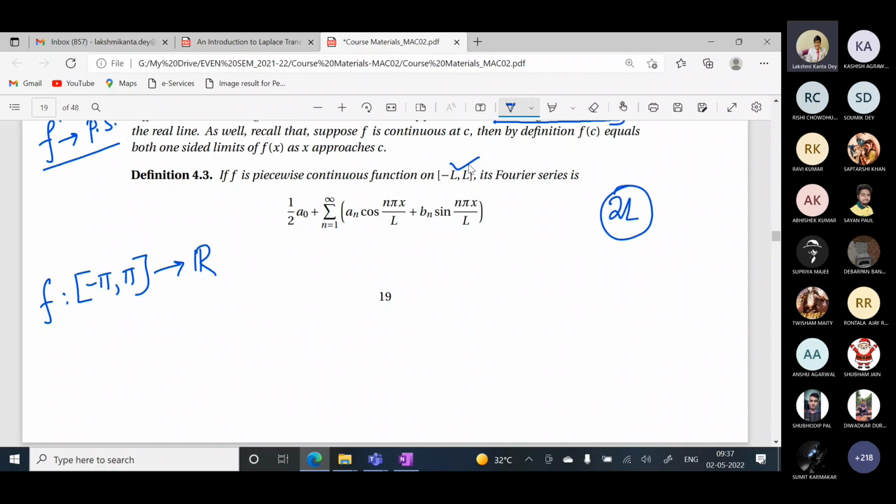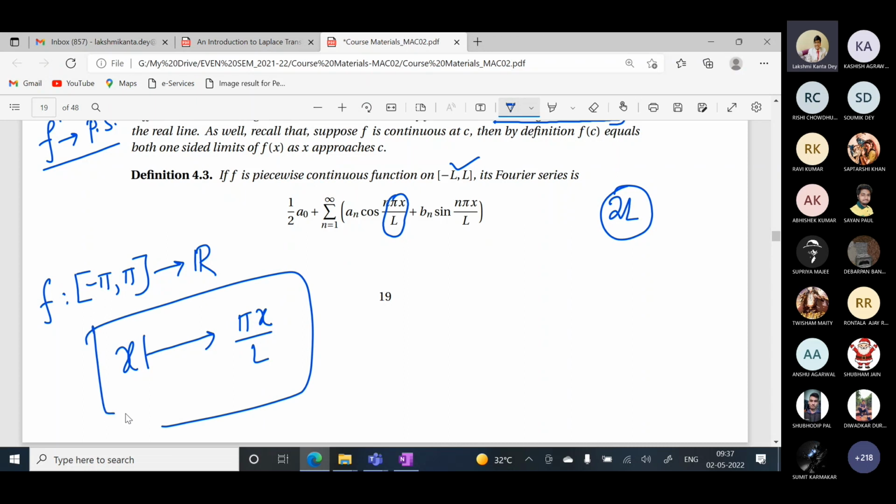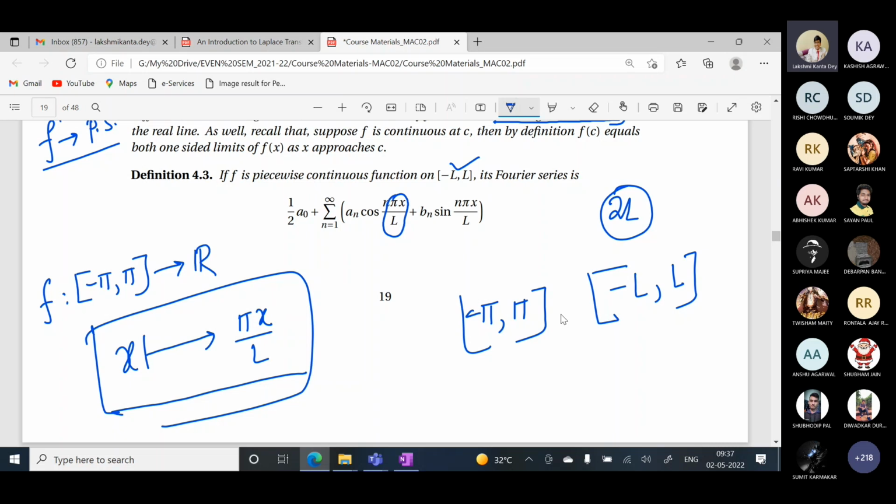Then we can also express the Fourier series the same way, where x is replaced by pi x by L. The intervals minus pi to pi and minus L to L are homeomorphic by this transformation.